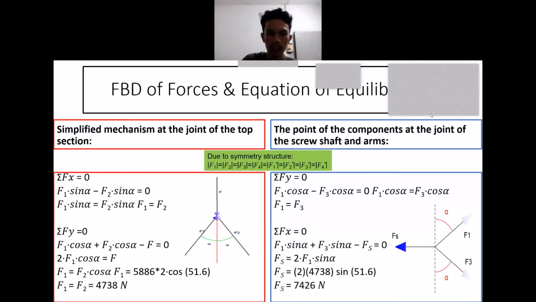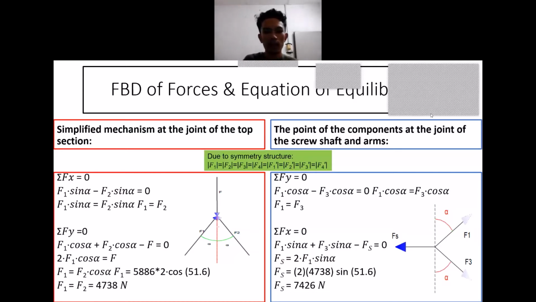Then at the Fx, the summation of Fx equal to 0. So the force is F1 sine alpha plus F3 sine alpha minus Fs equal to 0. Then Fs equal to 2 F1 sine alpha.